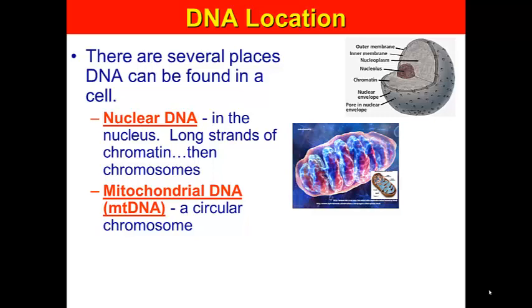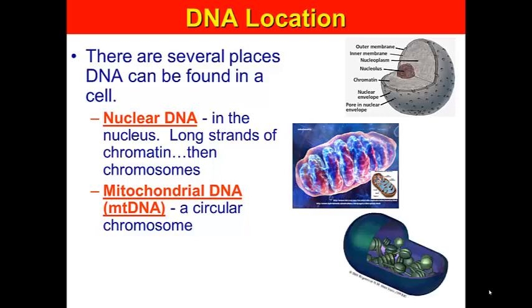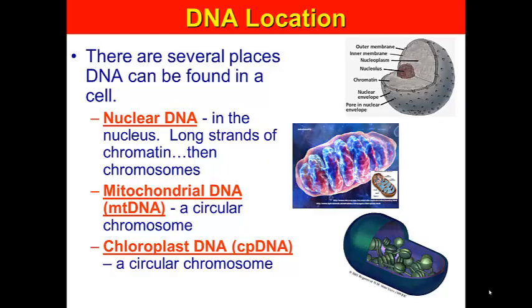It's a circular chromosome. It's an ancient bacterial chromosome. Also, if you're talking about plants and other single-celled eukaryotes, chloroplasts also have DNA, so that's signified as cpDNA. Again, a circular chromosome that's thought to be a throwback from bacterial times.